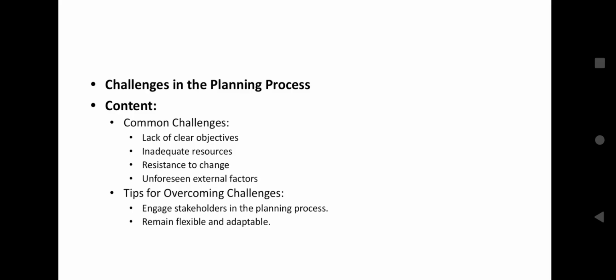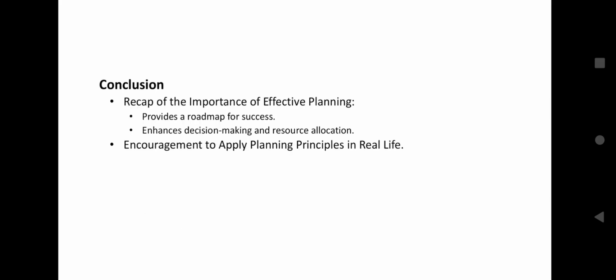Those are the common challenges. Tips for overcoming the challenges: plan very clearly for the objective, engage the stakeholders in the planning process, and remain flexible and adaptable. These are the key things.